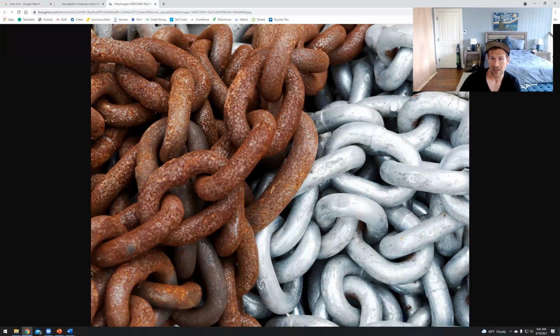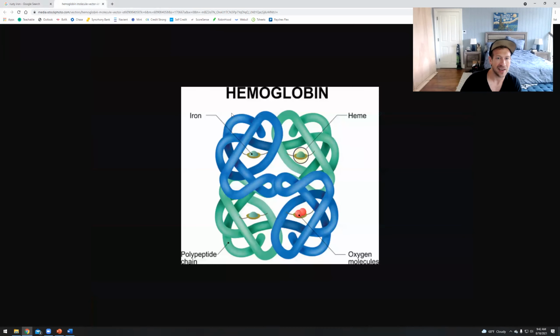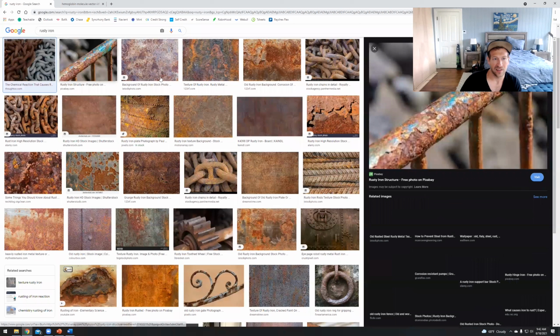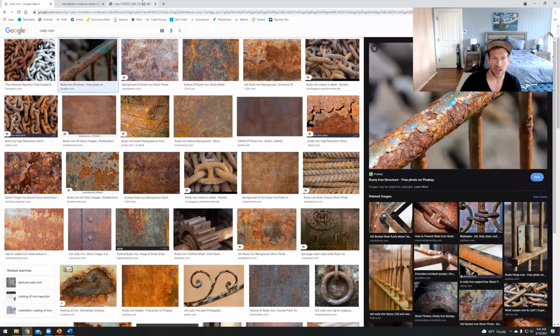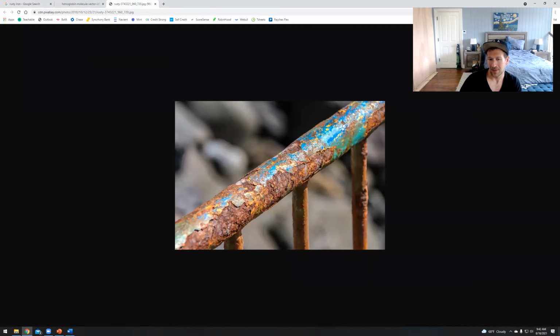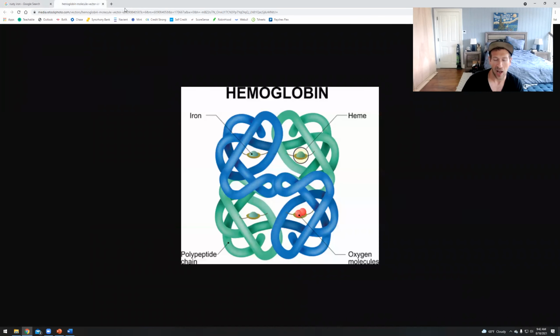So this is a chain that is full of iron. There's actually a picture right next to it. This one right here. See how it's very red, but then see these little bits here that are turning kind of bluish or greenish, right? That means that there are some other metals mixed in with that iron. That's probably a little bit of copper or maybe zinc that's in there.